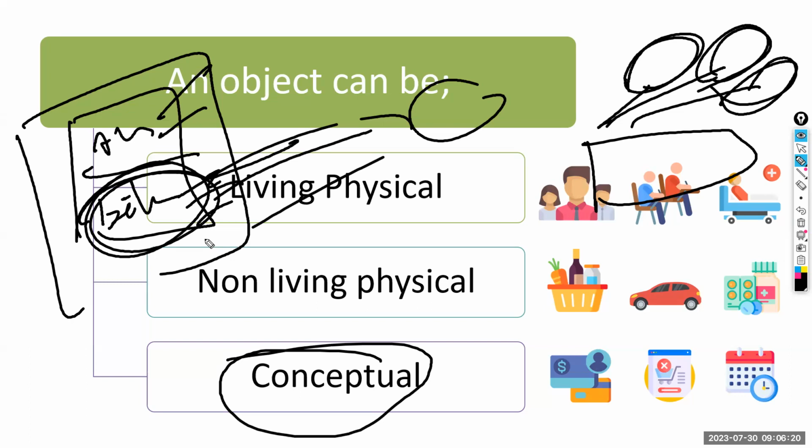Right? So even conceptual things can have attributes and behaviors. For example, a bank account. Attributes can be account number, balance, interest rate, whereas behaviors can be deposit, withdraw, and so on.